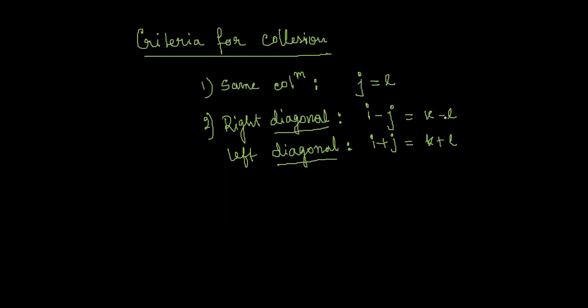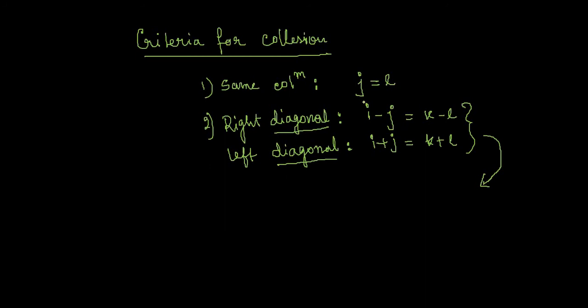But you see, for this right and left diagonal, I don't need to write these two equations. I can merge them into a single equation. You see, this i minus j equal to k minus l.